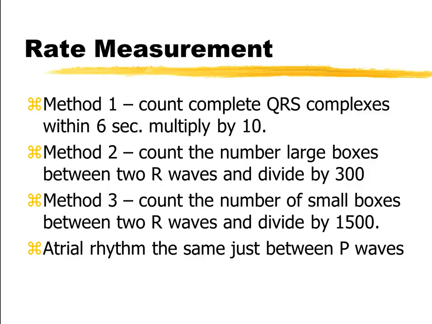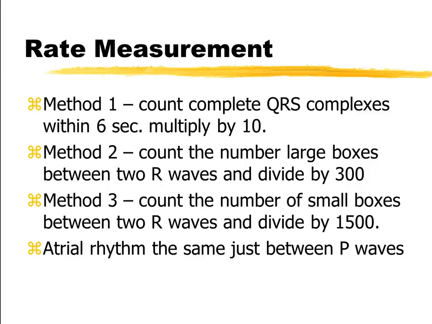Method number 2 is that you count the large boxes on the paper between 2 R waves, and then you divide 300 by that number. That seems a little more complicated than it needs to be, but when we get to looking at the strip, I'll show you what I mean. Method number 3 is very close to 2, except you're counting the small boxes between 2 R waves and dividing 1500 by that number.